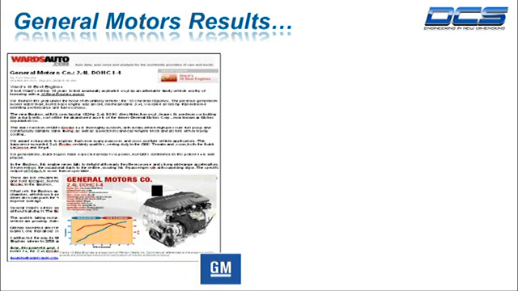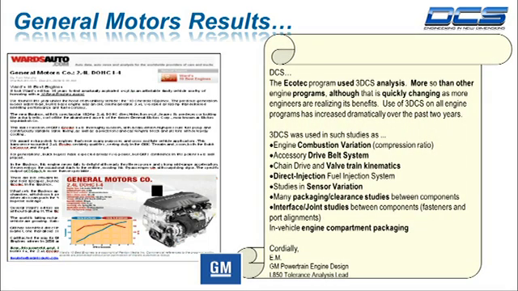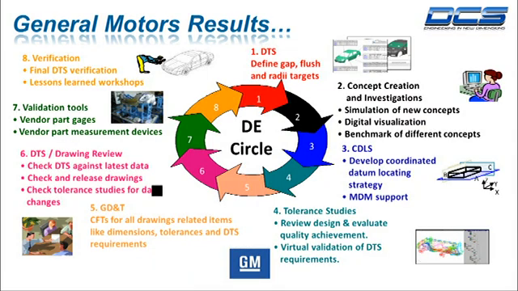And further utilization came in the form of application within the powertrain organization, and particularly as it related to using variation analysis to optimize the design of the Ecotec engine in the Ecotec program in a variety of elements of its design.